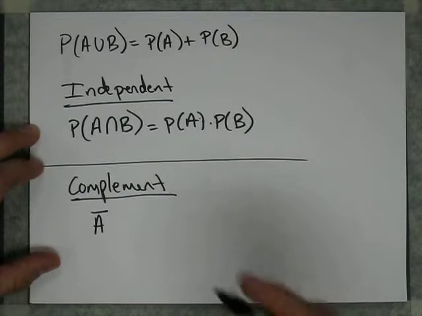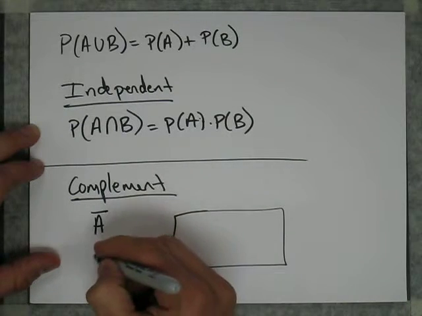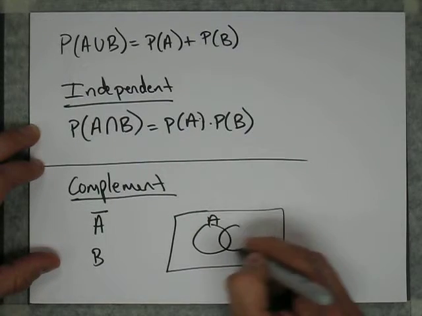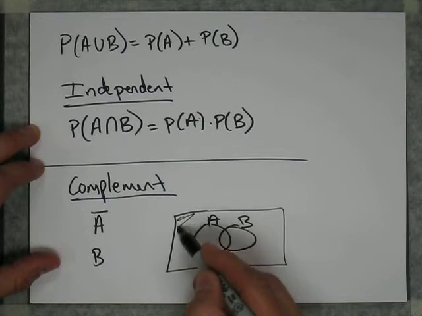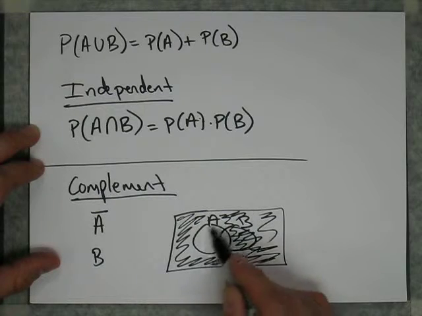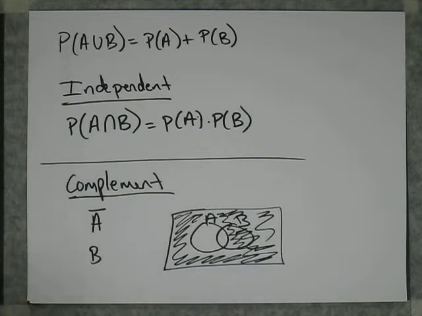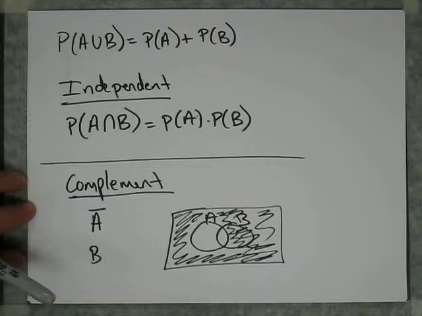If you think about a Venn diagram with A and B, and we wanted the complement of A, the complement of A refers to everything not in A. So that would be all of this, including B and anything on the outside of B, and nothing in A. That's what the complement means. And that can sometimes be useful when we're solving problems.